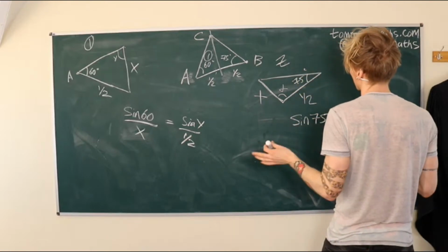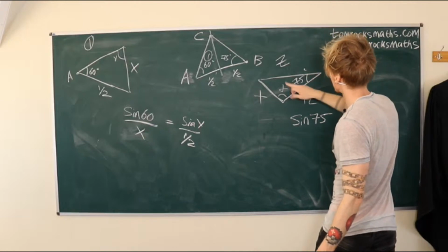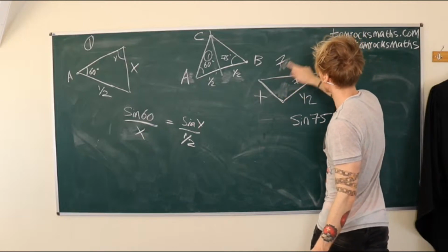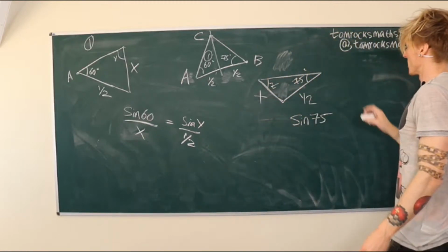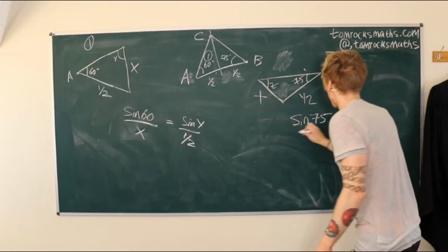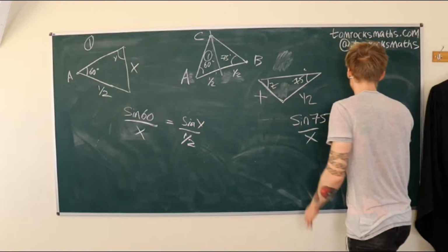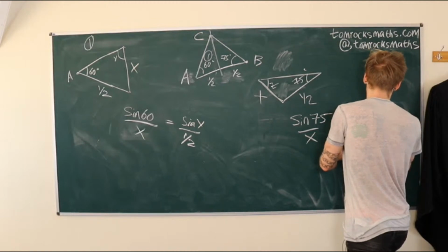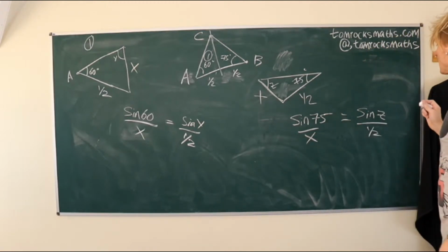Oh wait, why have I done that? I didn't need to know. Nope, don't need to know that. Ignore me and ignore that. That's z. So sine of 75 over x is equal to sine of z over a half.